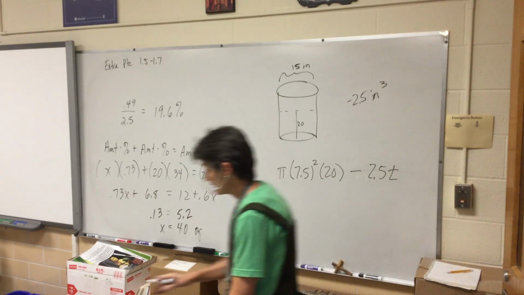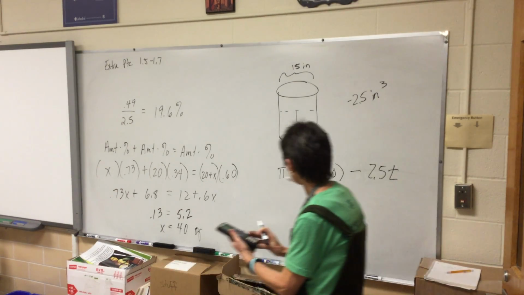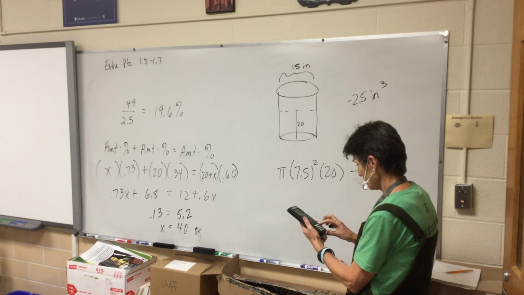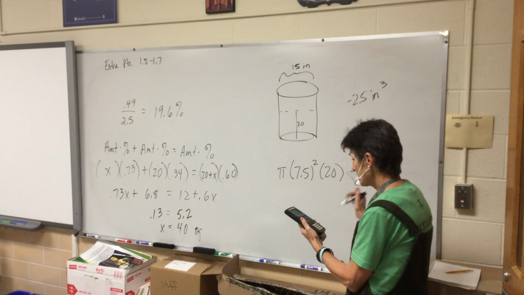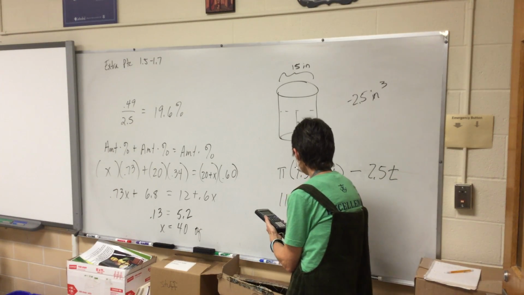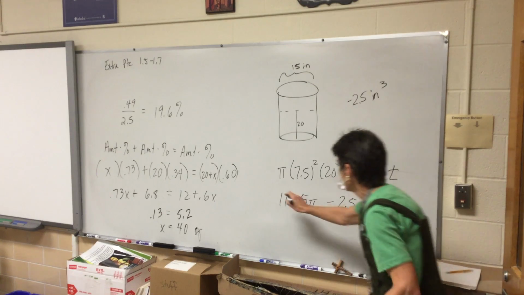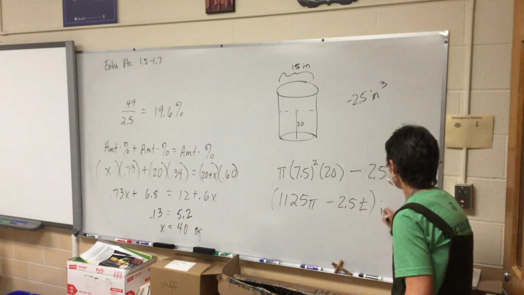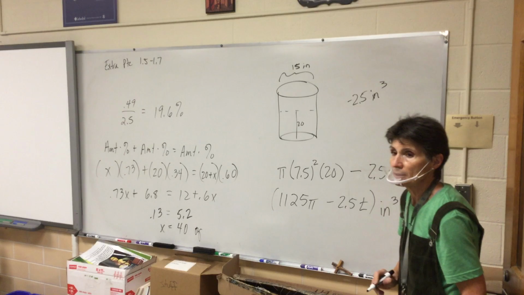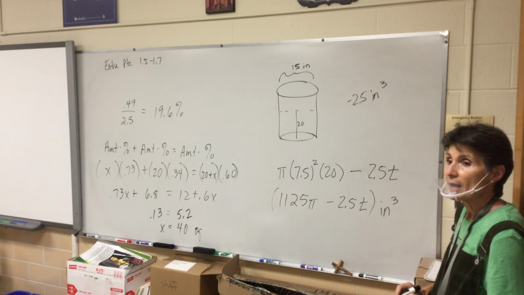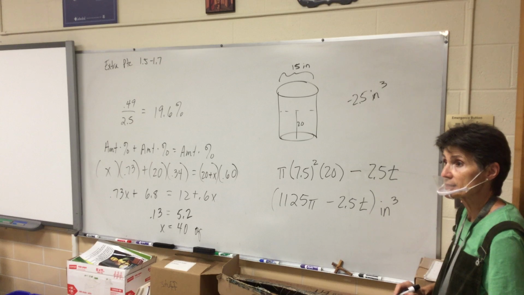We can type all that in, get a number. So 7.5 squared times 20. I'm going to go ahead and leave the pi in there. That would be the volume of water left in the tank after t minutes.